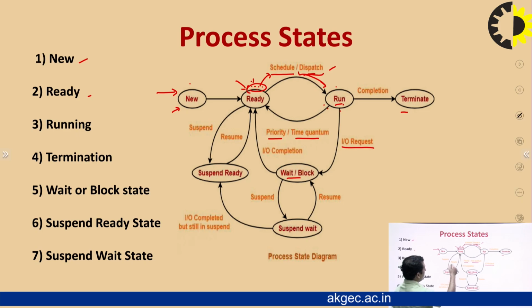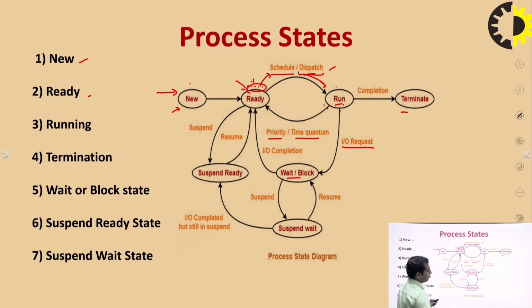This is known as the suspended ready state. And if our process is in the waiting state, it again goes into the secondary memory, swap in, swap out. If the process is in wait state, then the suspended wait state will be there.